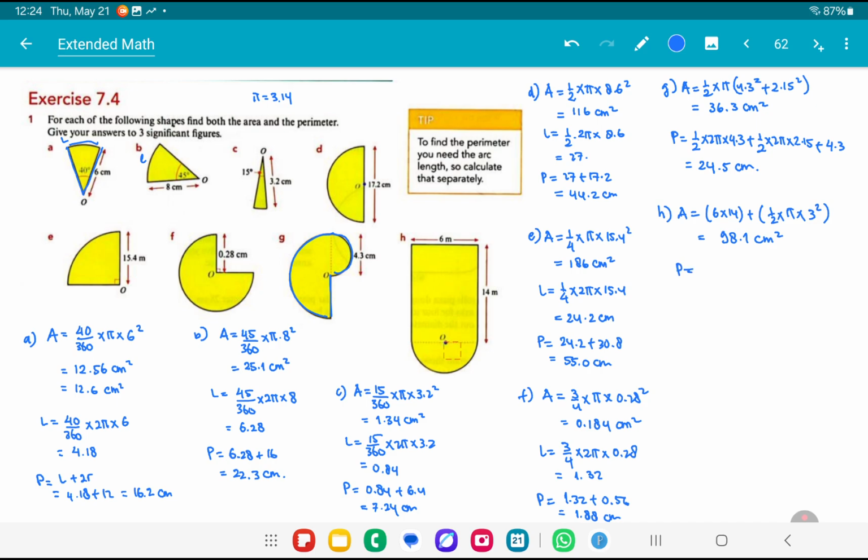And for the perimeter, the length of arc equals 1 over 2 multiplied by 2 pi multiplied by the radius, plus we got 14 here, so 2 times 14 plus 6. And the final answer we got is pi multiplied by 3 plus 28 plus 6, which is 43.4 centimeter. So that's all for question number 1.